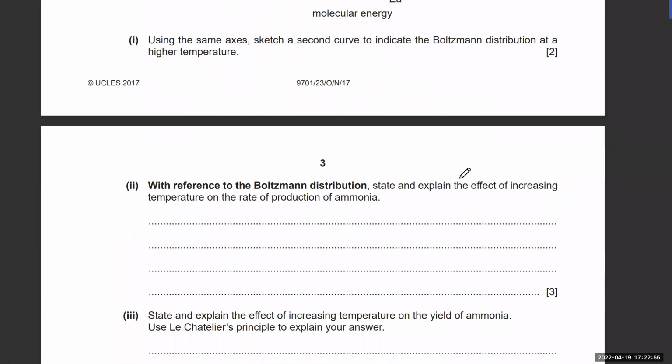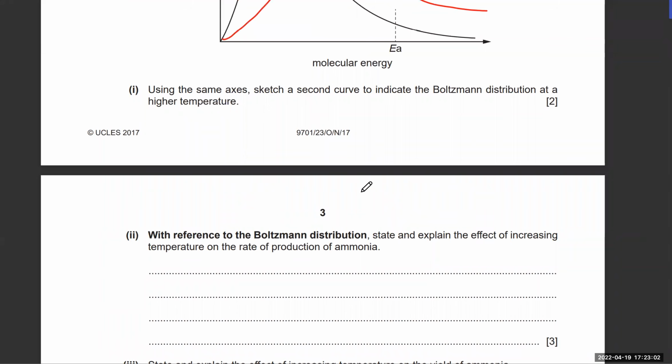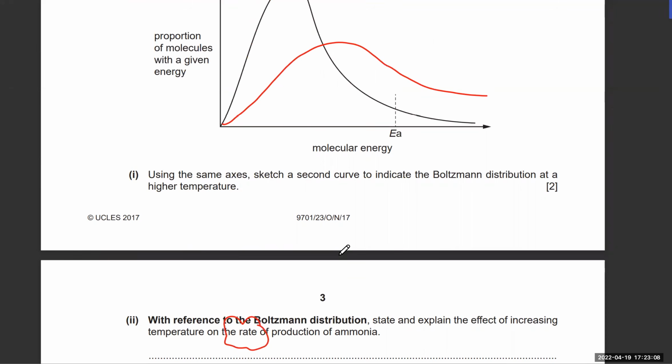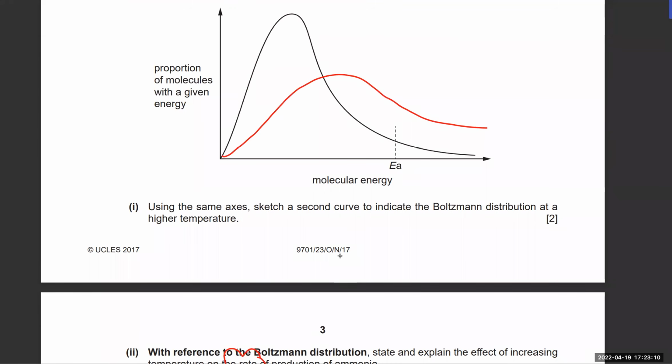With reference to the Boltzmann distribution, state and explain the effect of increasing temperature on the rate of production of ammonia. So this particular question is about rate, not about equilibrium. So what happens to the rate? You're going to state that molecules having energy greater than the activation energy, the minimum energy required for the reaction, were very few initially.